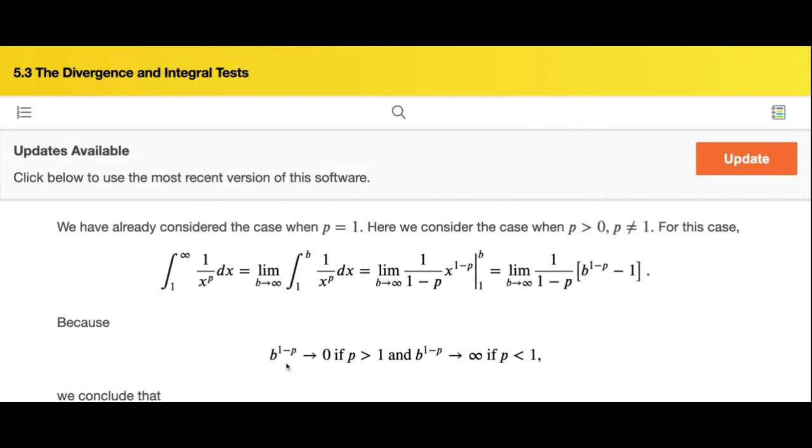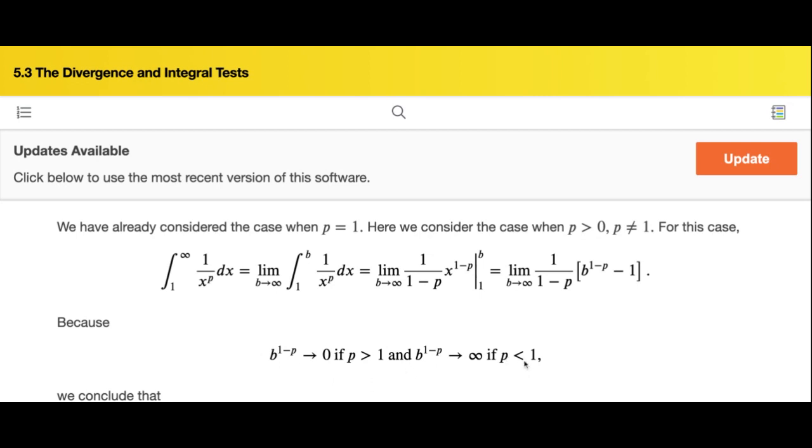Now think about b raised to 1 minus p. If p is greater than 1, think about p equals 2: 1 minus 2 would be negative 1, and as b goes to infinity, of course 1 over b approaches 0.